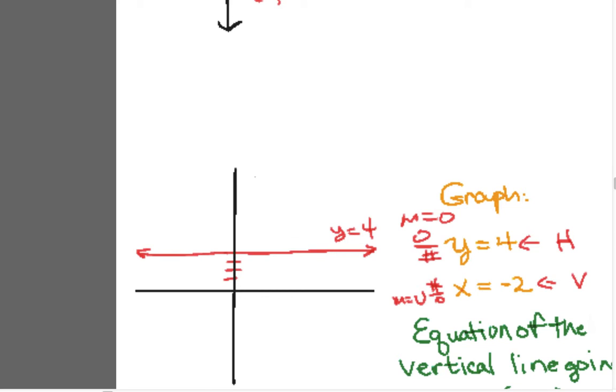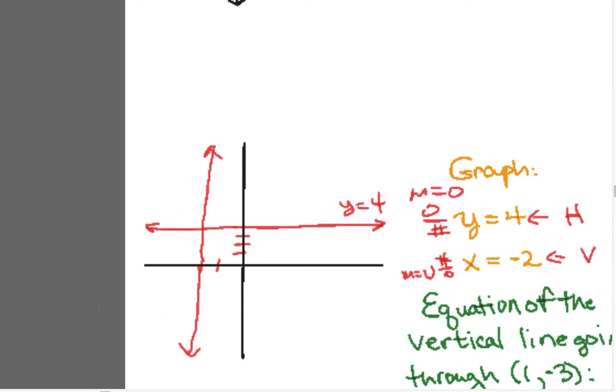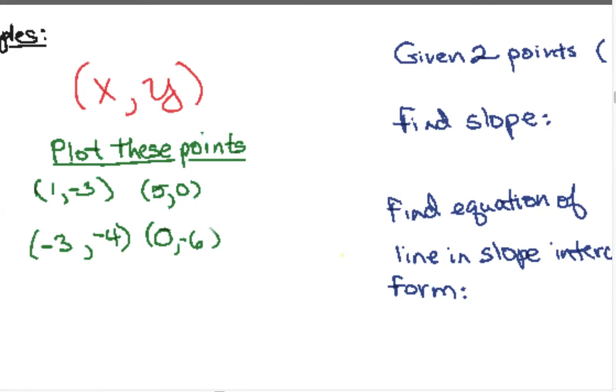So x equals -2, and then we would draw a vertical line. No matter what y is, x is always -2. Okay, we'll come back to that.